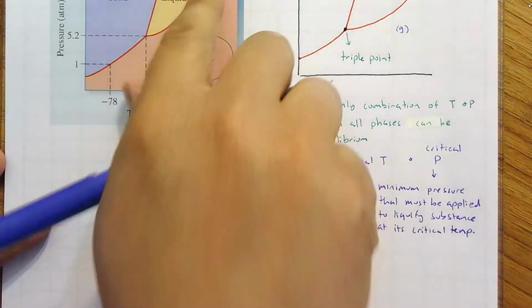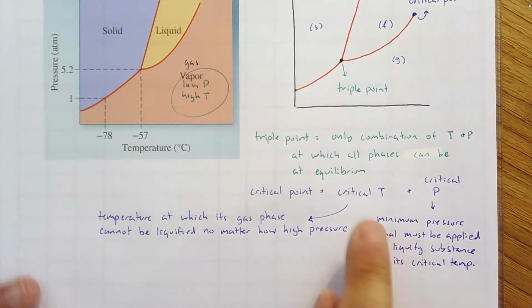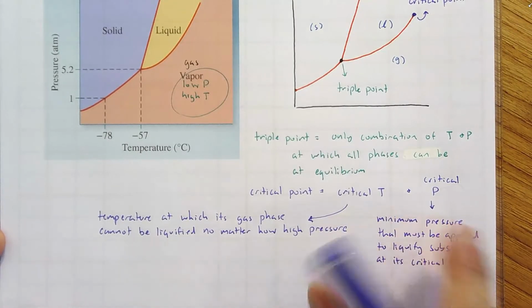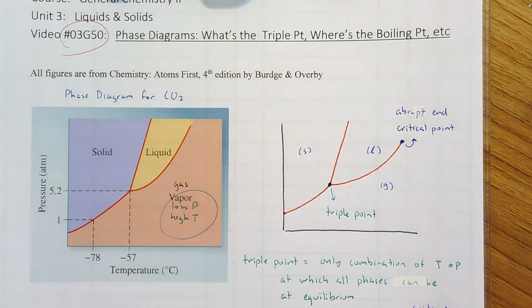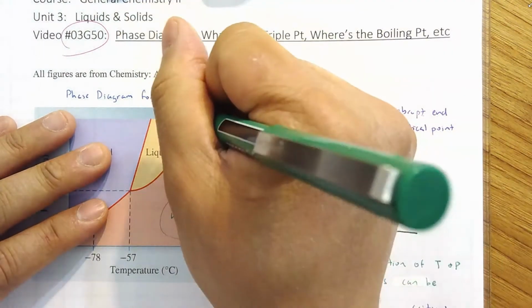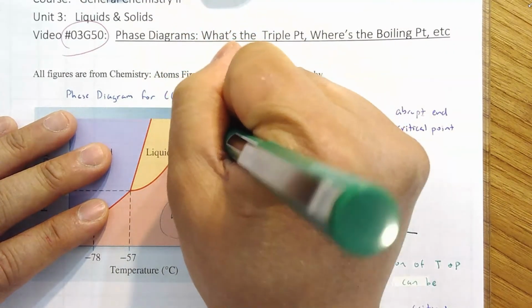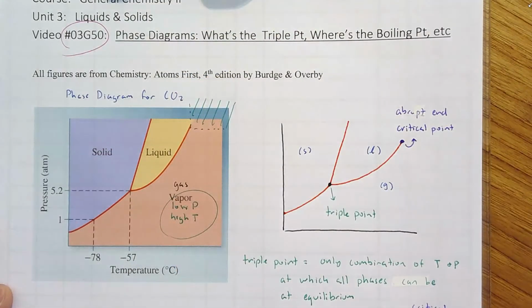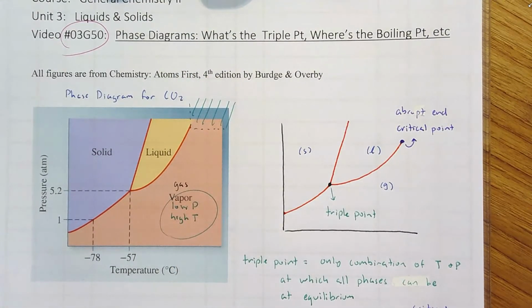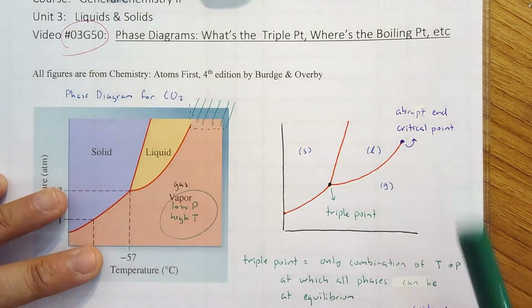So there is an abrupt end, and again, it marks the critical T and the critical P. Let me show you up here. Above this point, we'll mark it with this green area here. That is called a supercritical fluid.